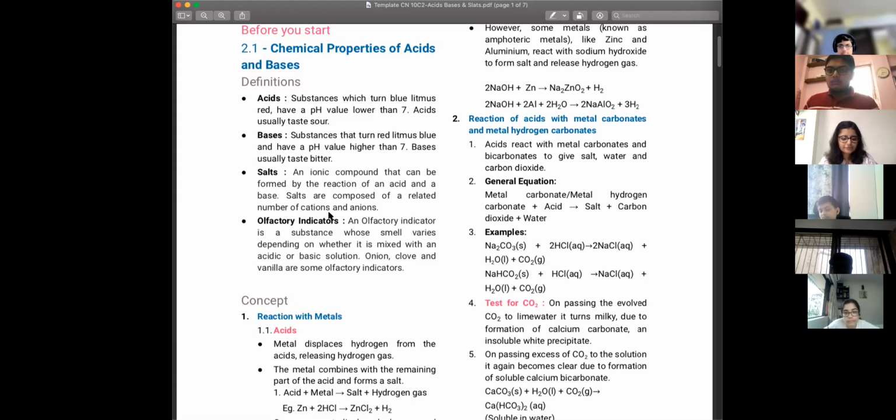Aditya, since you've finished noting down, is there any specific part of the chapter that you find difficult that you want to focus on? No, ma'am, but I think I just need more practice because it is a tricky chapter. It's going to be like this, a lot of application based. Two things you need to know: one, the general equation.